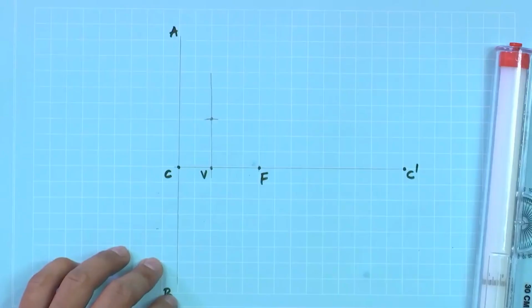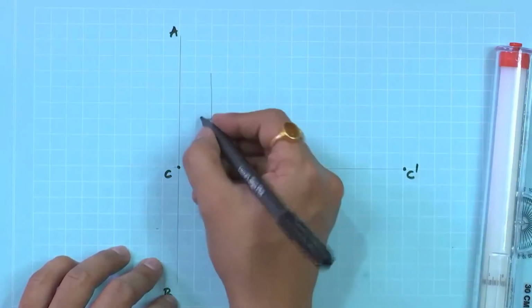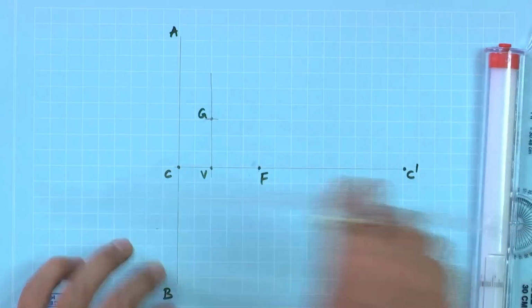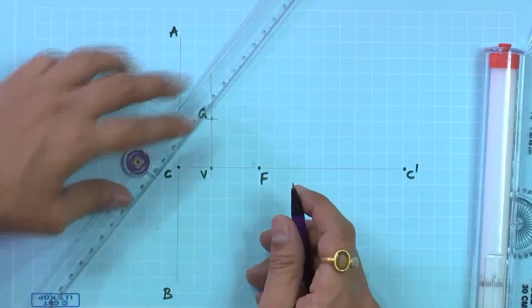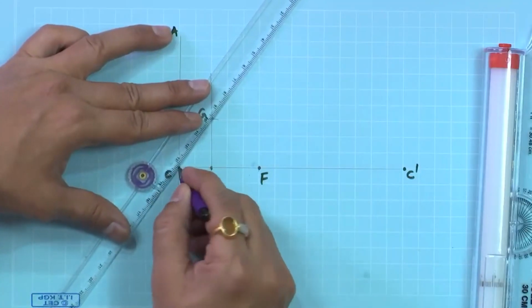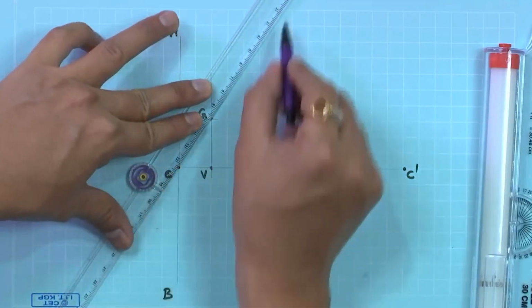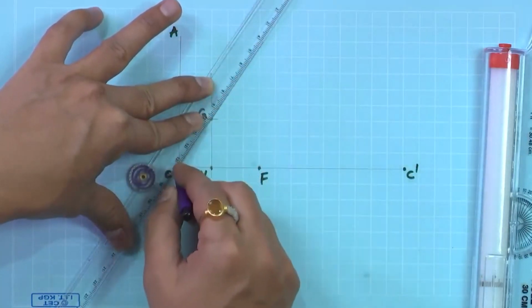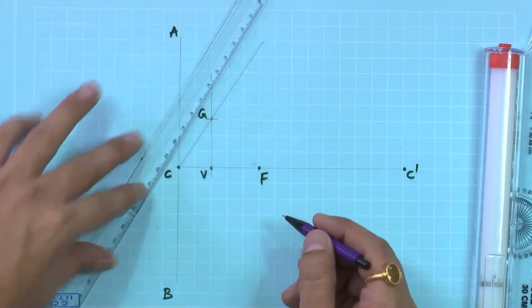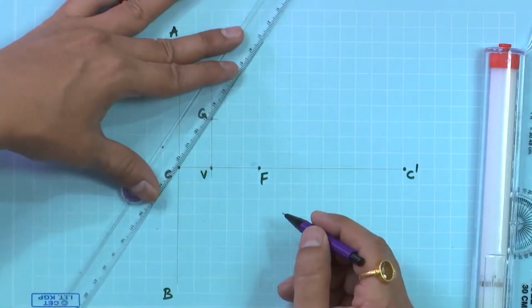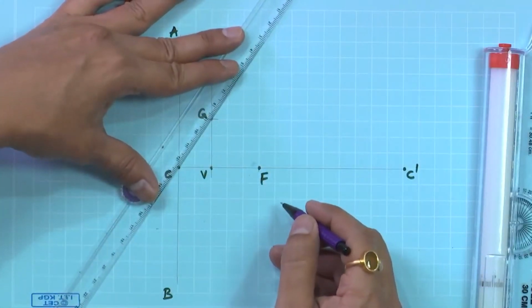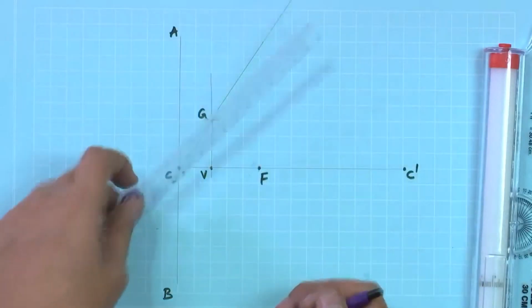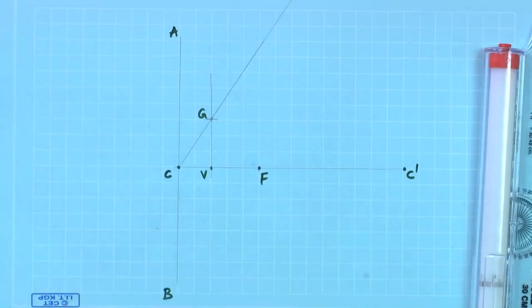Now, join V and G. A construction line again from C all the way to G. Extend it; one can construct it on both sides.